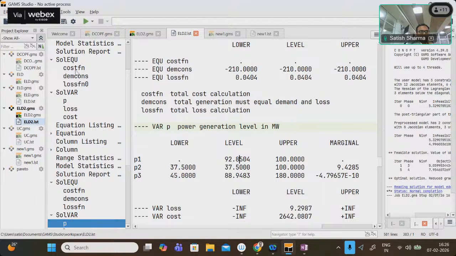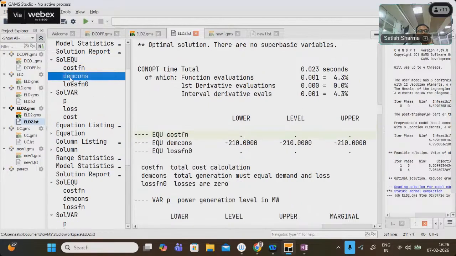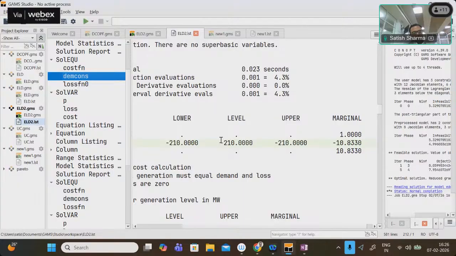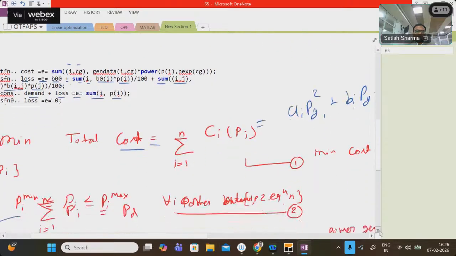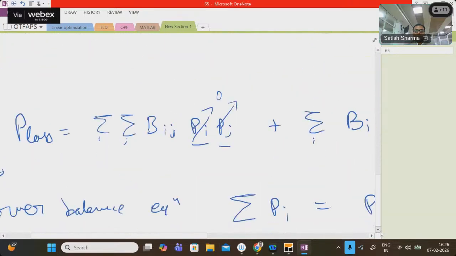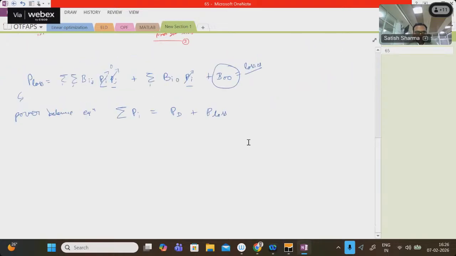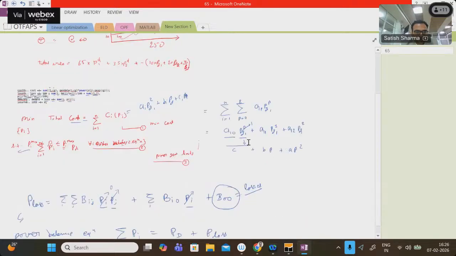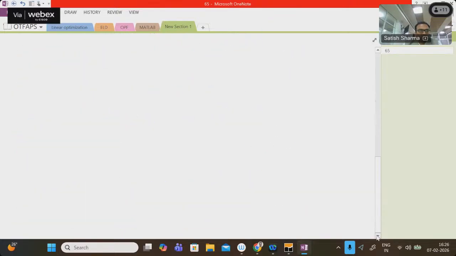So let's write them down. If I look at the marginal values, we are basically considering three cases in economic load dispatch.